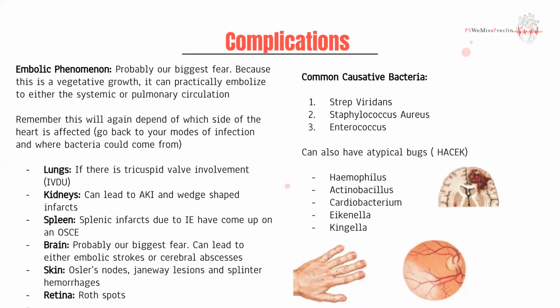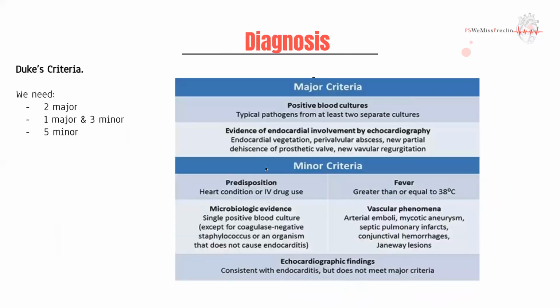However, ideally, we'd like to put them on targeted antibiotic therapy, and that's only going to be determined once you pick up what the exact bug is. That's important to know. To make a diagnosis of infective endocarditis, a certain criteria you need to be well familiar with is going to be the Duke criteria. I would highly recommend learning this because this is something that does come up on exams quite commonly as well.